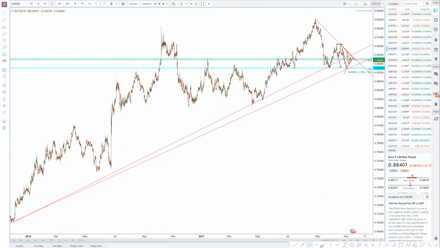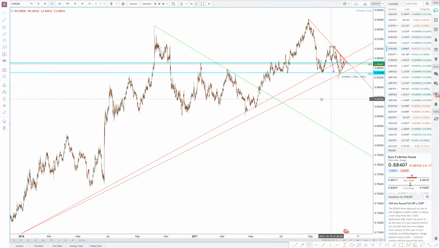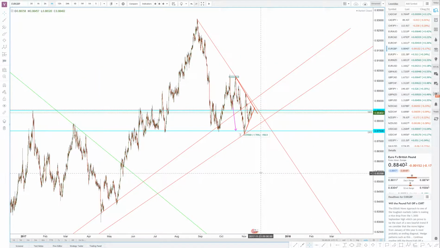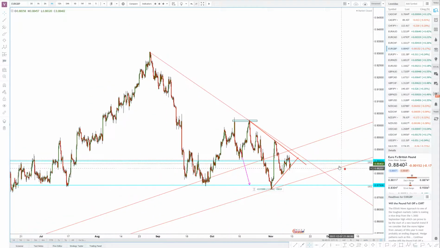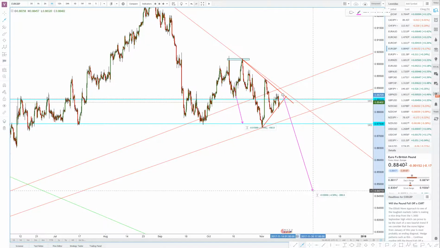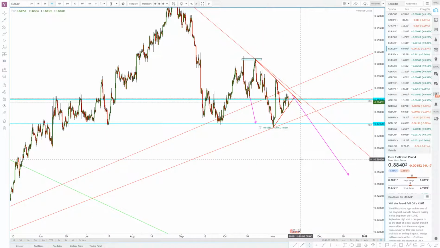I'm going to mark that one green because it's going through the price. So you can kind of see how it's forming this little triangle and wants to possibly break out, and the forecast says down, so we just need to pick a spot to short it and then move lower to probably around here somewhere. Yeah, that makes sense to me.